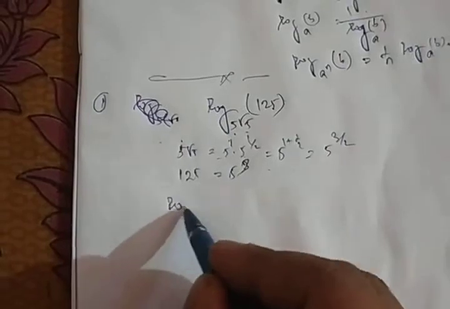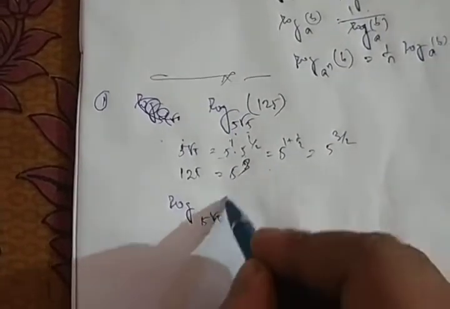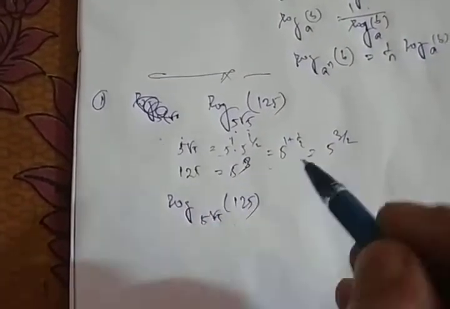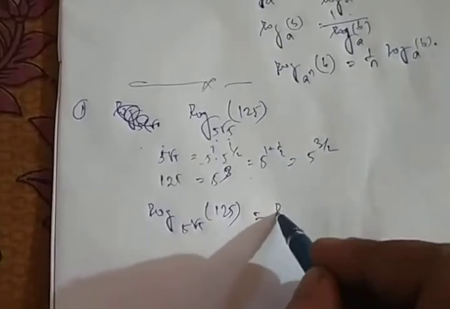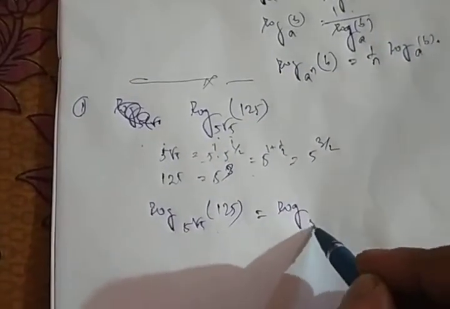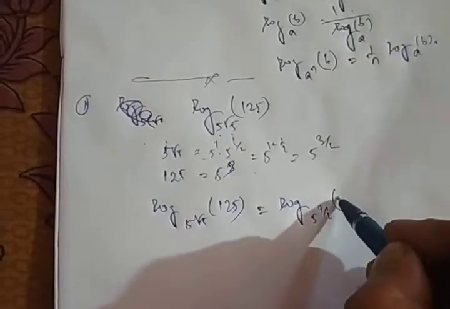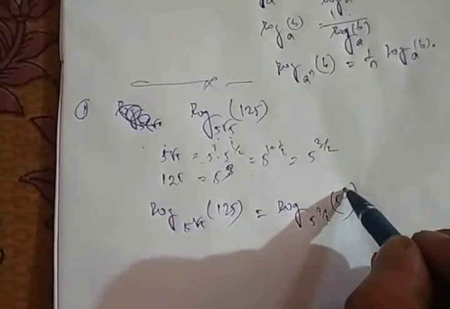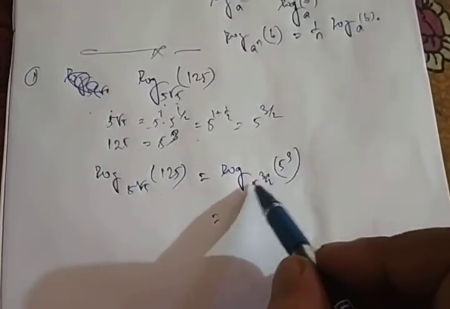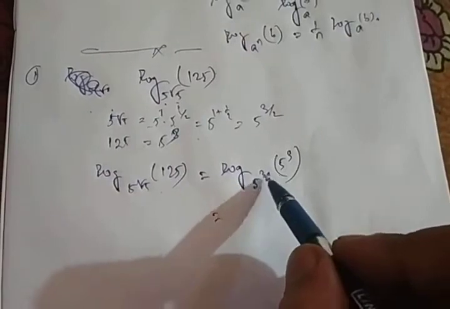So log of 125 with respect to 5 root 5 equals to, we can write, 5 to the power 3 by 2 as the base, and this is 5 cube. Now this is n, this is m. In the previous class we have learned a formula. If there is a power in the base, this will be taken out and this is also taken out.